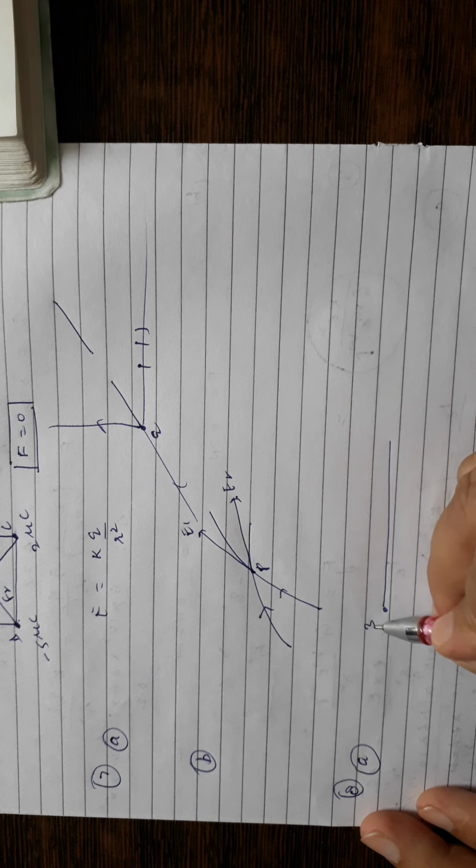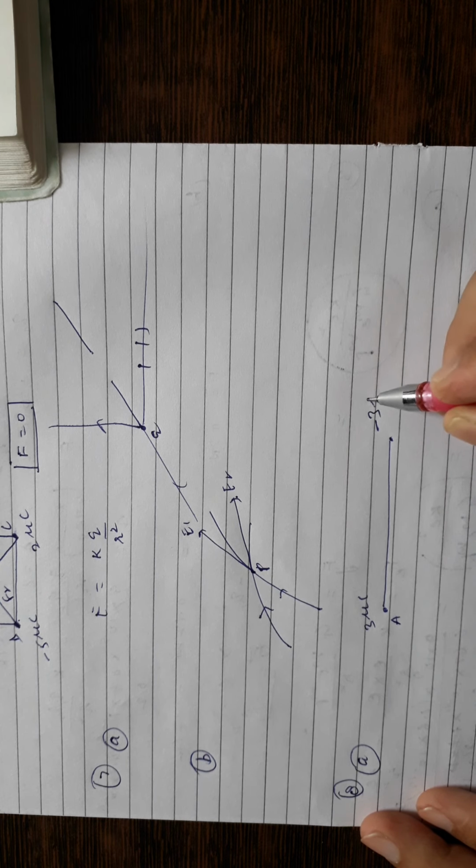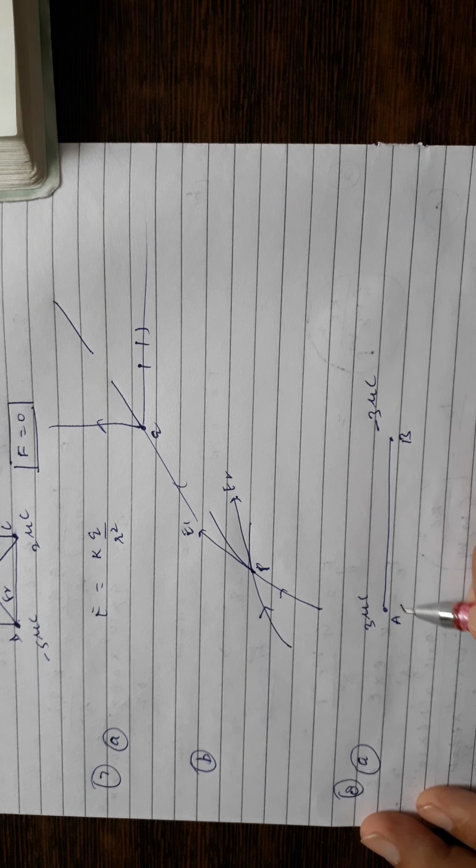One charge, 3 microcoulomb, is placed at A, and another charge, minus 3 microcoulomb, is placed at B. They are located 20 centimeter apart. Suppose this is the midpoint, it is 10 centimeter from A and 10 centimeter from B.